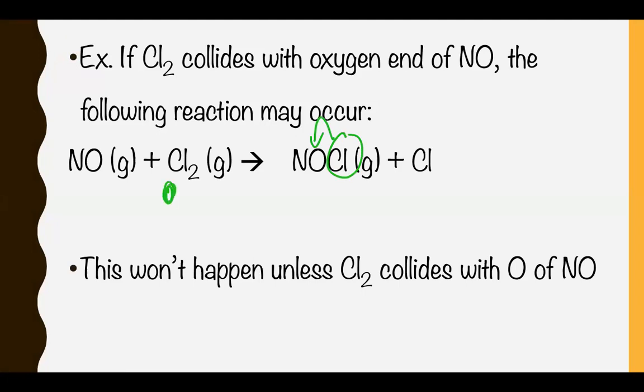So this chlorine molecule has to come into contact with the oxygen atom. If the chlorine hits the nitrogen side of NO, then nothing's going to happen. Okay, because oxygen is the atom that the chlorine can bond to.